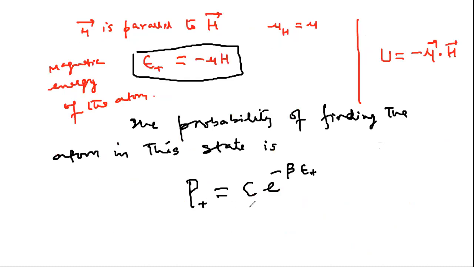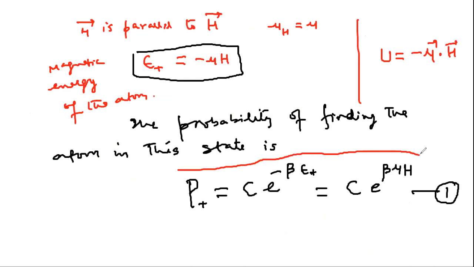So P plus is C e raised to the power minus beta epsilon plus, which can be written as C times e raised to the power beta mu H. I name it equation first. So let me encircle it with this color. Right? This is our equation first.